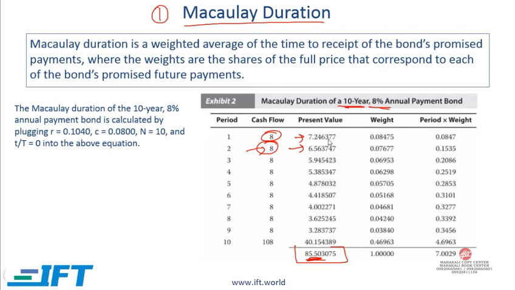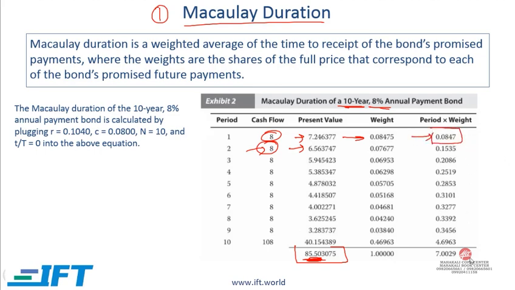The weight of each cash flow is the present value of that cash flow, in this case 7.24, divided by the total present value, which is also the price of the bond, and the weight therefore for the first one is 0.08475. You multiply the two and you get this number.